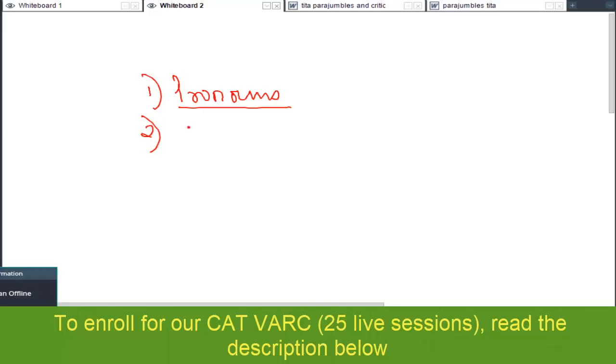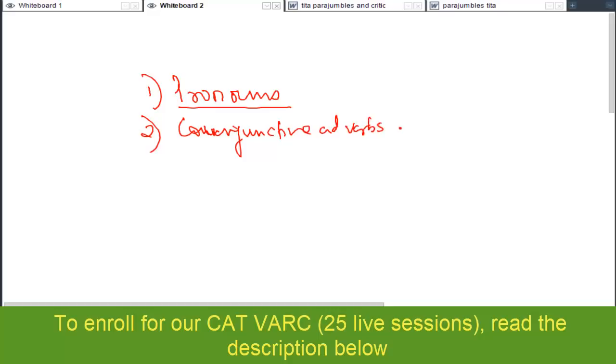So I always like the pronouns, and the next thing that I like about parajumbles is connecting conjunctive. I would use the word conjunctive adverbs. These adverbs are often used to connect two different independent ideas.